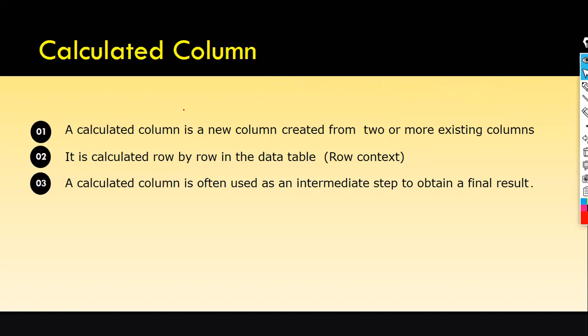In that case, the total cost column is very much required. If you subtract the total cost value from your gross revenue, you will get the net revenue. So you need an intermediate step to calculate your net revenue, and to calculate the total cost you need a calculated column.